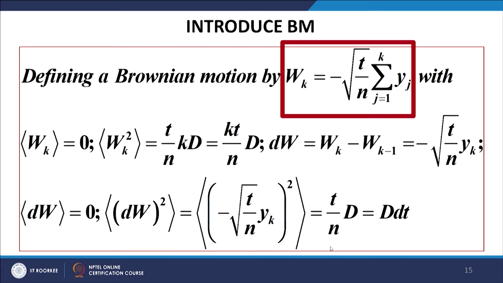Wk is a scaled summation, under root t upon n being the scaling factor, of all the y's, and recall each y is normally distributed with a mean of 0 and a variance of d. These are the various parameters that are quite obvious from the definition itself.